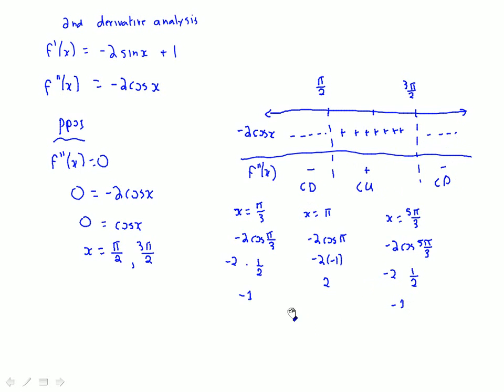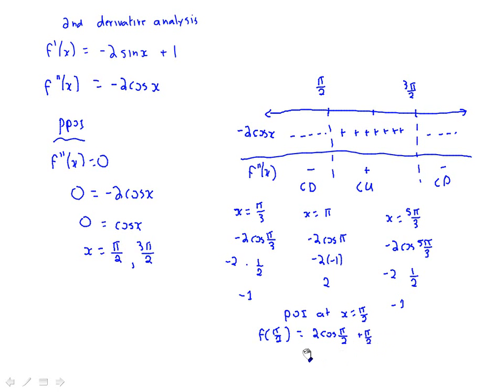So we have points of inflection at, first off, x is equal to pi over 2. Now when you substitute that pi over 2 into the original f, we get 2 cos of pi over 2, so 2 cos x plus pi over 2.